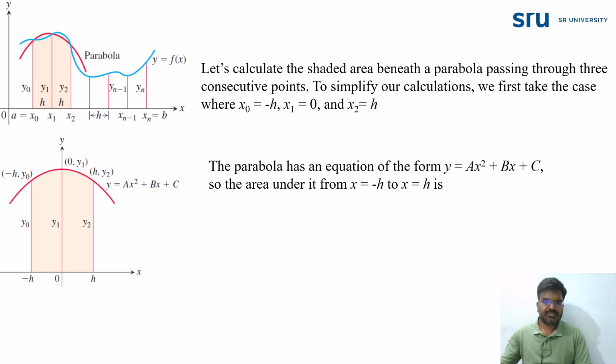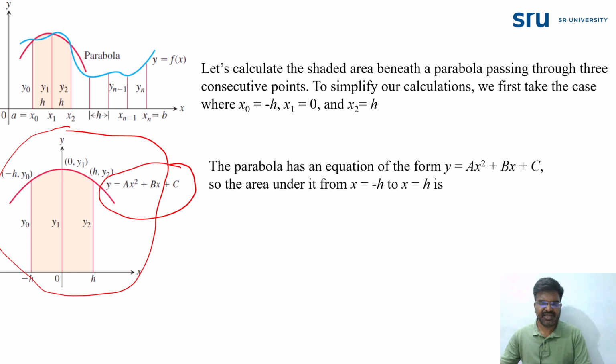Now I am separating two subintervals from the above curve. We are approximating the original curve with a parabola. The equation of the parabola is y equal to ax square plus bx plus c.